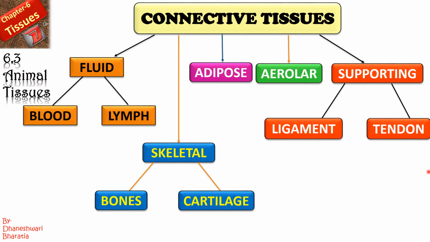So these are all types of connective tissues which we will learn today. Now in your textbooks, the different names like fluid tissue or skeletal or supporting are not given, right? Here I have given it for your reference, so you can make this flowchart in your textbook or in your notebook for your future reference. This will help you a lot.